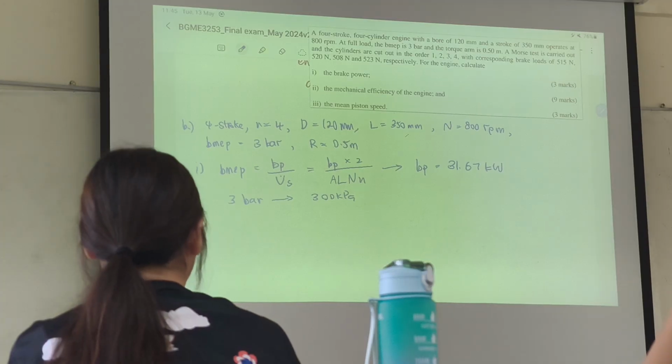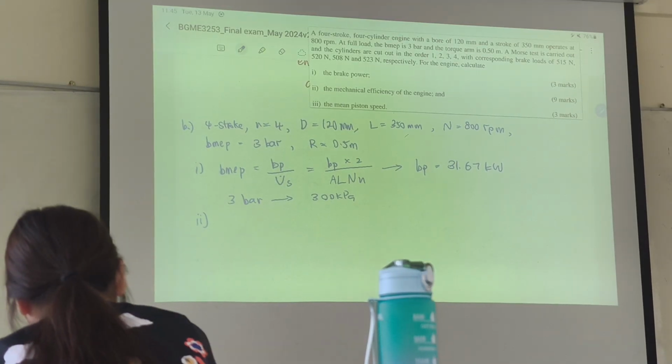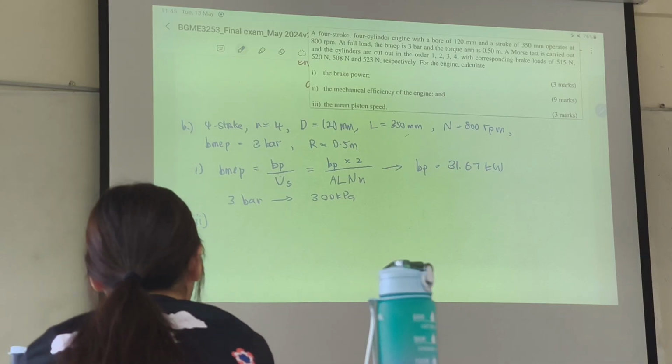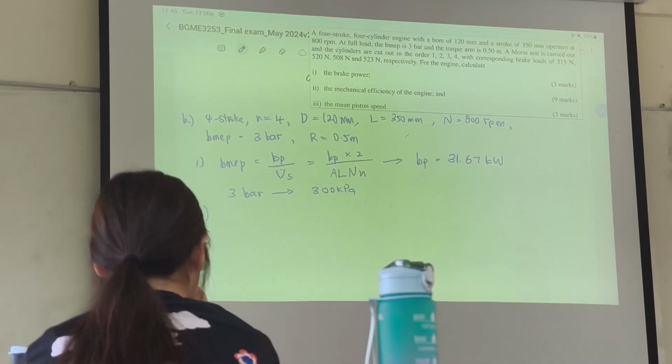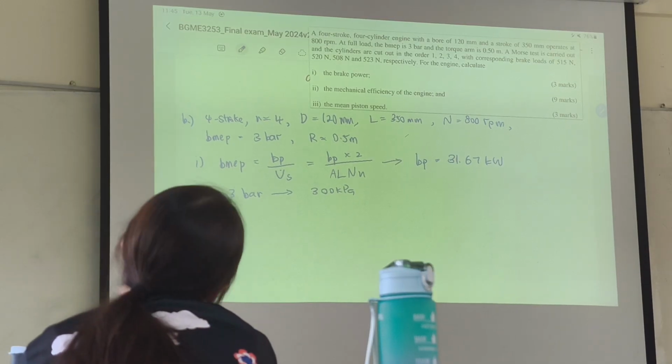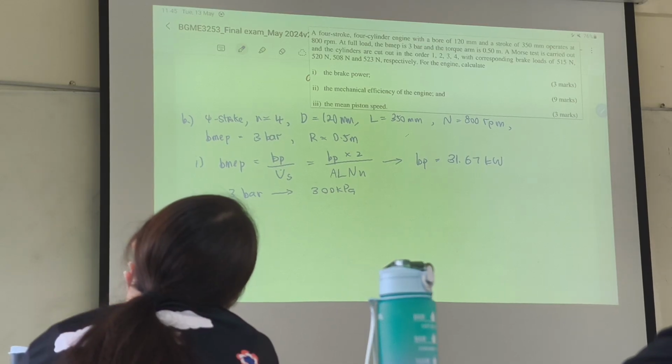To calculate the mechanical efficiency of the engine, we need to make use of the Morse test in this case. For the Morse test, you can see that the result output here is actually the brake loads. So what you need to find first is the total brake load.